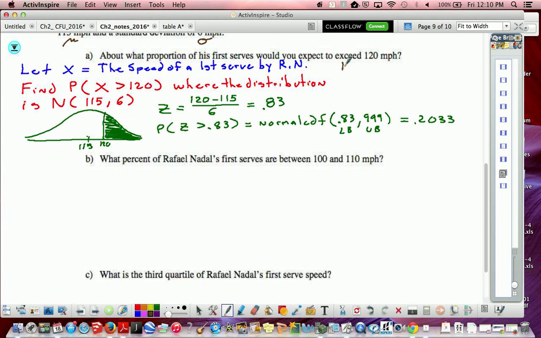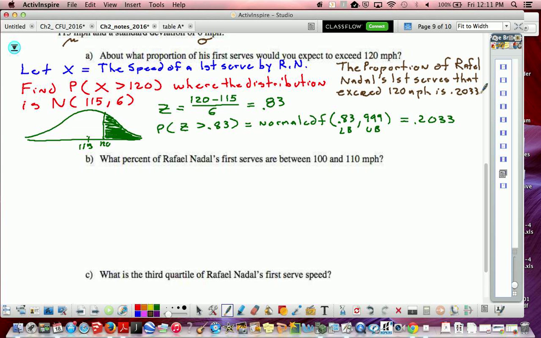So the proportion of Rafael's first serves that exceed 120 miles per hour is 0.2033.